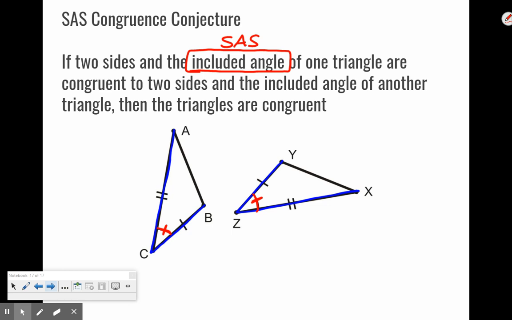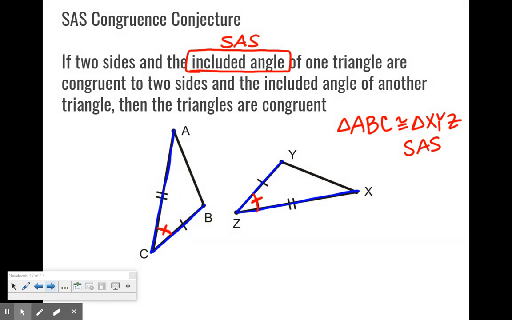You're going to notice that when we get to a couple other conjectures, that angle has to be in between in order for us to say that these two triangles, triangle ABC and triangle XYZ, are congruent by side-angle-side. So that means angle A and angle X are congruent, and angle B and angle Y are congruent.